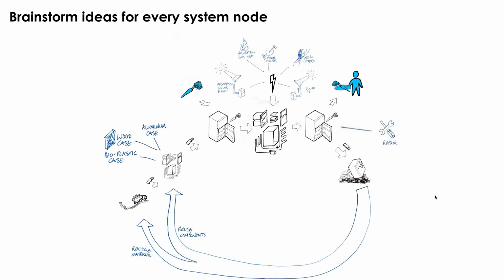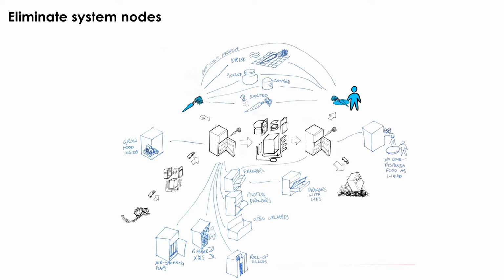And then the other way that whole system mapping can help you is by making more radical brainstorms by eliminating parts of the system. So how can you have ideas that eliminate one or more nodes on your system map, one or more components or one or more steps in the process? So like growing food inside the fridge, that eliminates the whole supply chain of food.